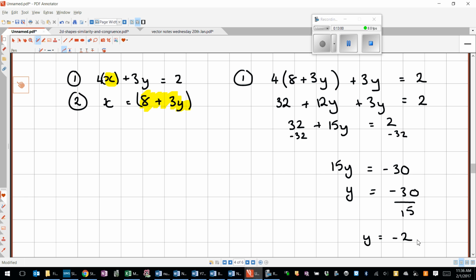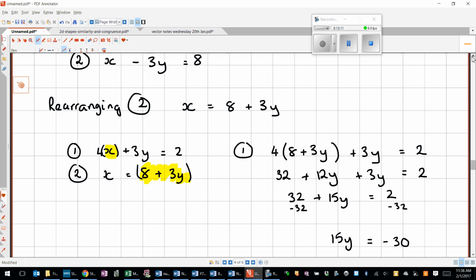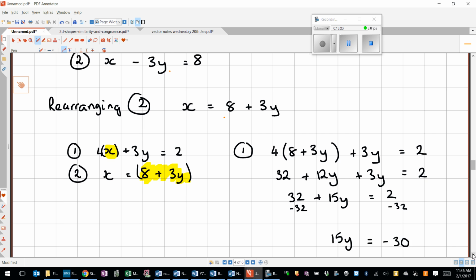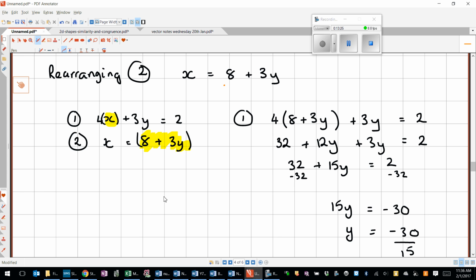And then to finish us off, we've still got to find x. So we've actually now got lots of options. We can use this one, or this one. And actually, because we've rearranged one to say x equals, would it not make sense to say, well, I want x, so I'm going to say x equals 8 plus 3 times negative 2.